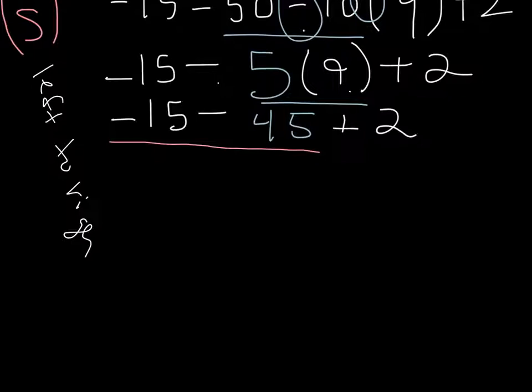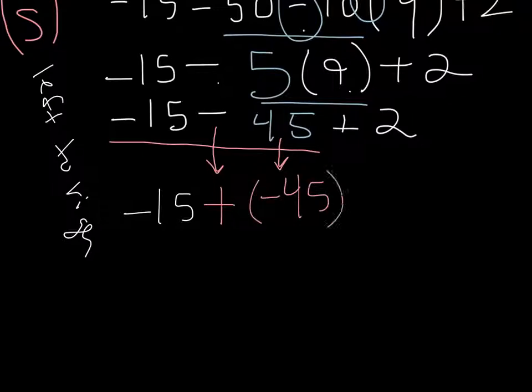And remember what I said in class? The easiest way to do this is change that subtraction to addition, and then change my positive 45 to a negative 45. So I had negative 15 minus a positive 45, and I changed it to negative 15 plus a negative 45.